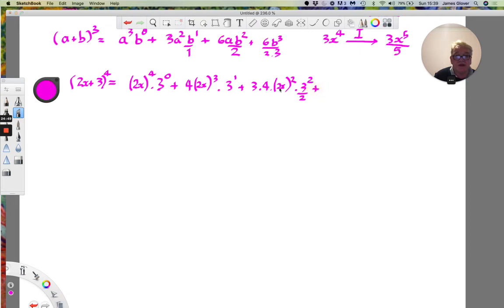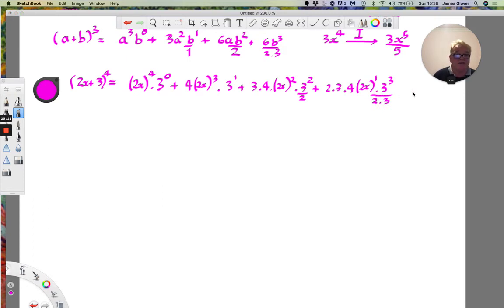And then repeat, get 2 times 3 times 4 times (2x) to the power of 1, and then integrate this last term, get 3 to the power of 3 over 2 times 3.